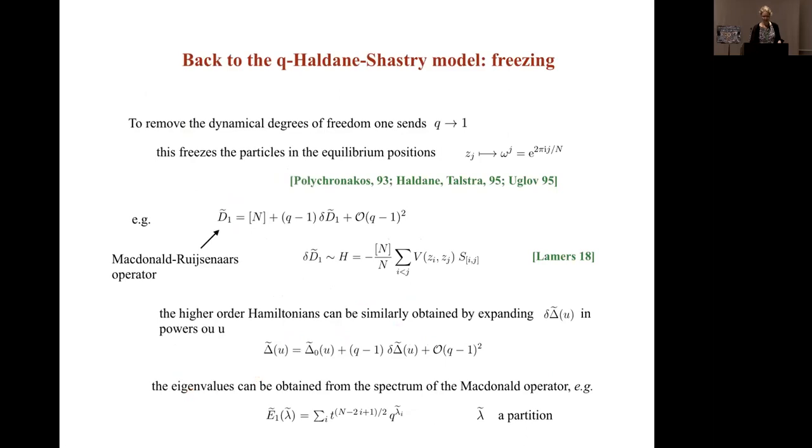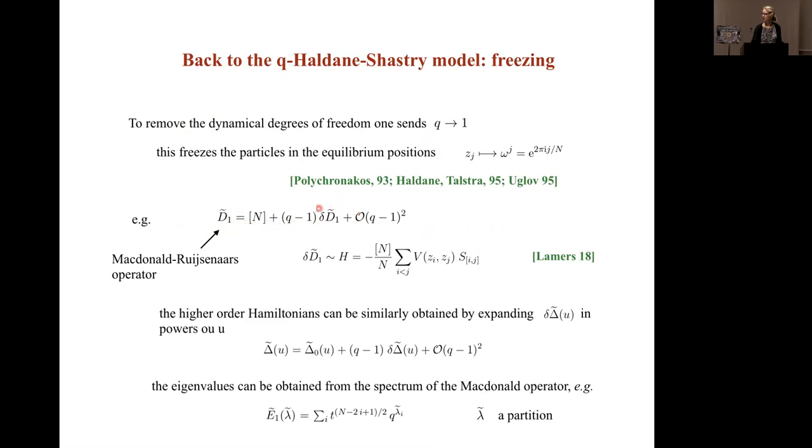So that was the structure of the dynamical model. Now if you want to go to the Haldane-Shastry model, a purely spin model, you have to send this parameter Q to 1, and then expand the Hamiltonians in powers of Q minus 1.